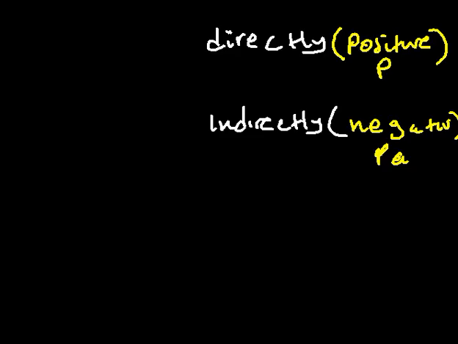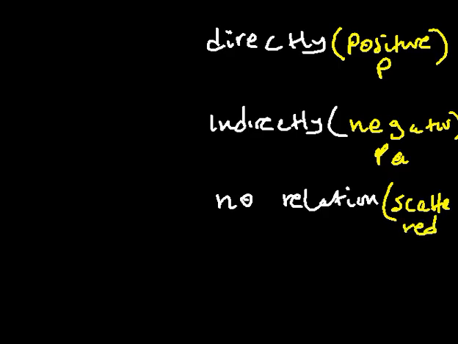And we can have no relationship. That is possible as well. No relationship occurs when the variables of interest are not related. For that case, the pattern is scattered. It is a pattern where you cannot define whether it is positive or negative.